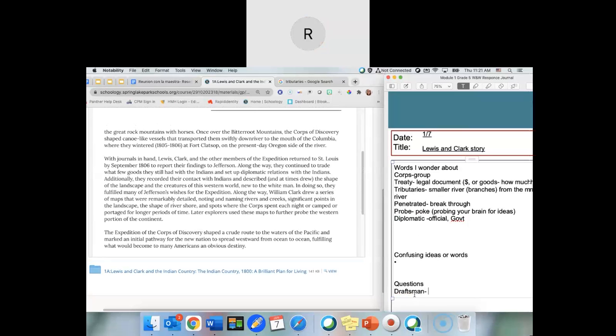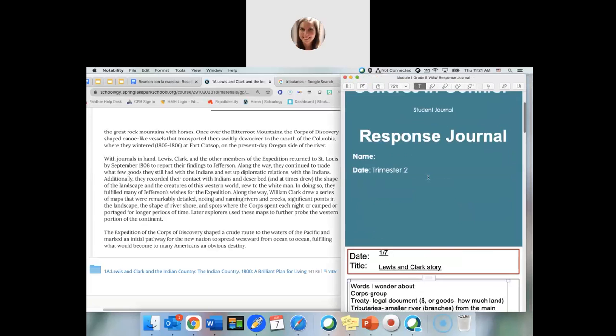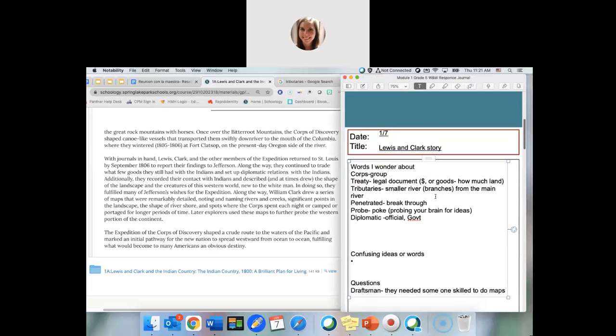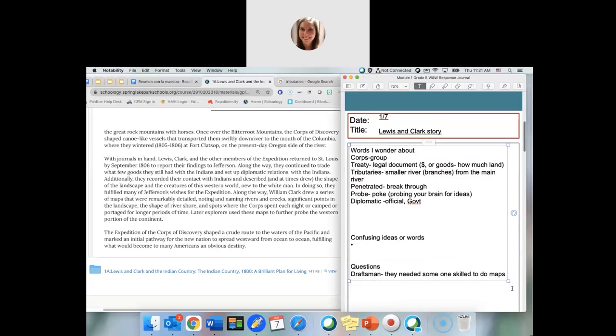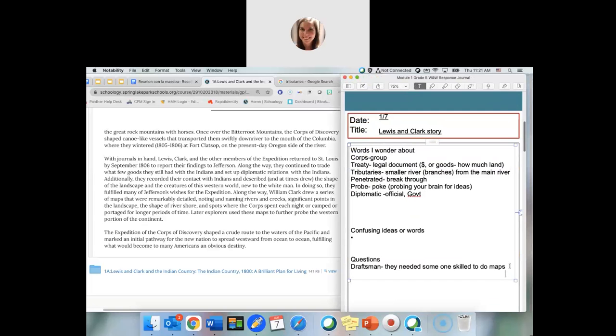Let me look really quick. So if you were traveling somewhere, remember a draftsman is somebody with exceptional skill in sketching or drawing. Why do you think they would need a draftsman? Because then they could sketch out the map, and so you know where to get back home or something like that.